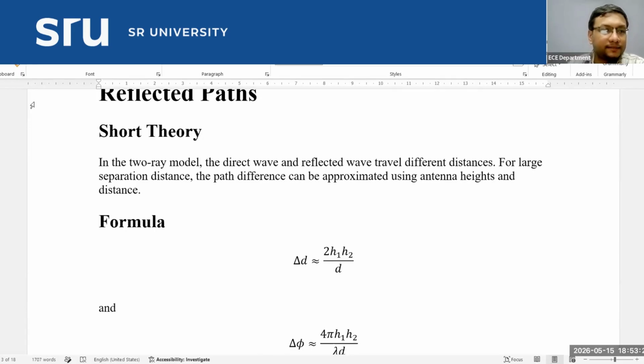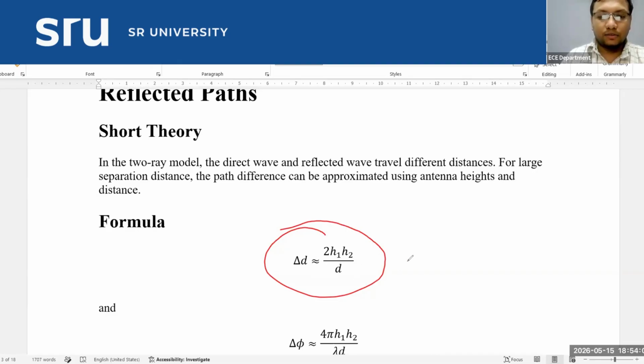The formula is delta D, or the path difference, equal to 2 h1 h2 divided by D. That can be approximated if the heights of the transmitter and receiver are known. Suppose the phase difference is not known directly, but the heights of the transmitter and receiver are known. From that we can calculate the path difference directly.